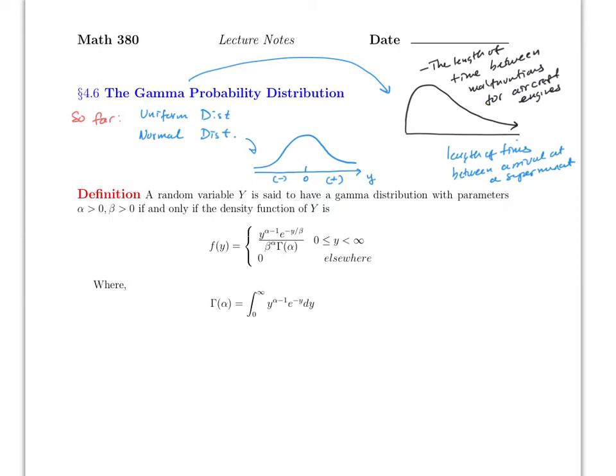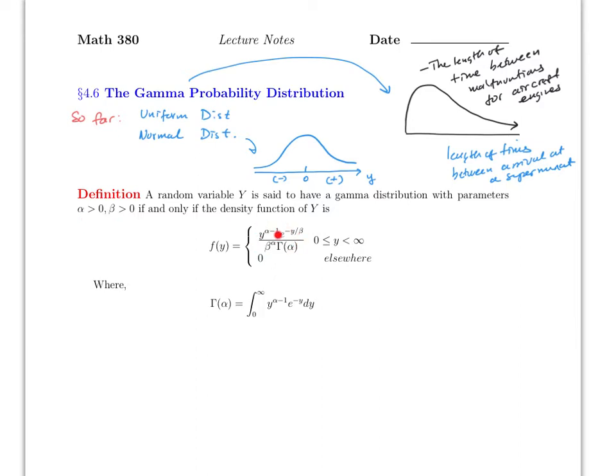Now, formally, we say that a random variable y is said to have a gamma distribution with two parameters, alpha and beta, if and only if the density function is given by this. Notice that it doesn't say that alpha and beta have to be integers, but if they are, life will be easier.